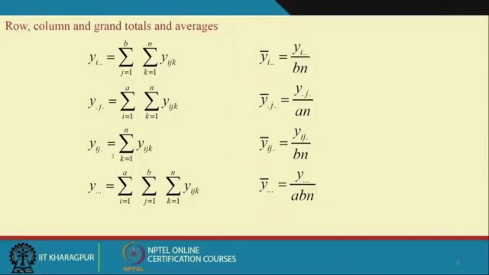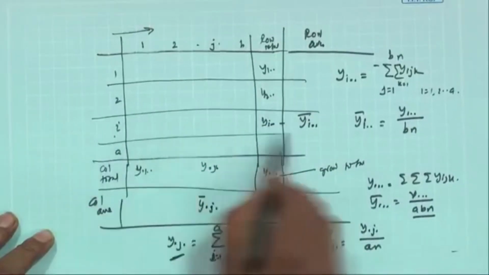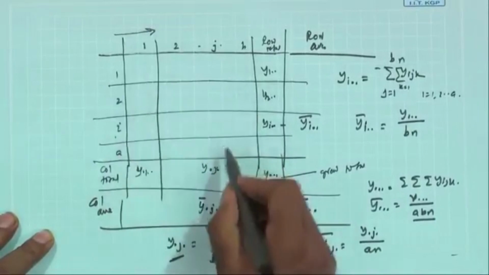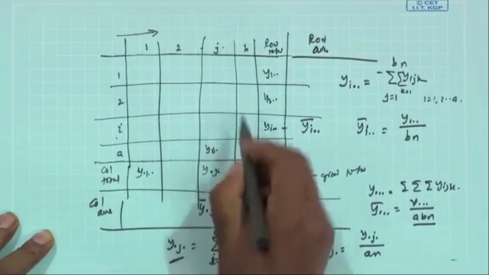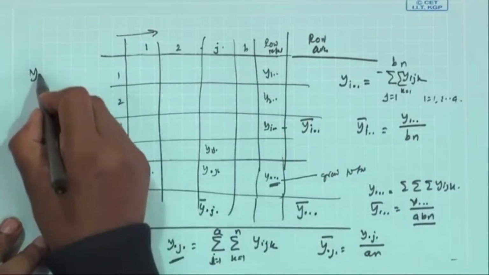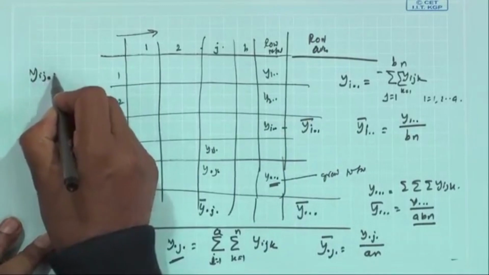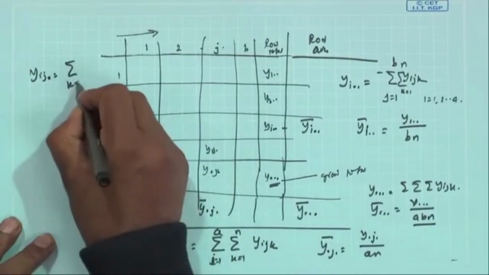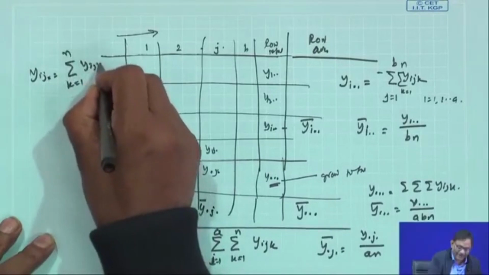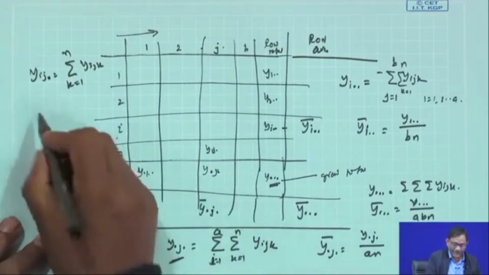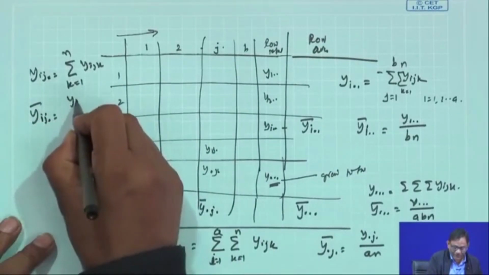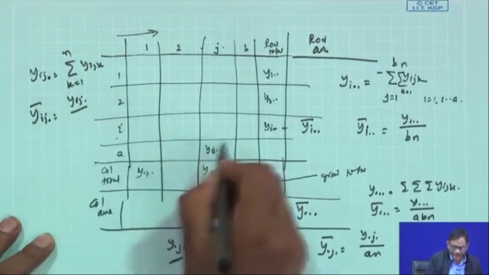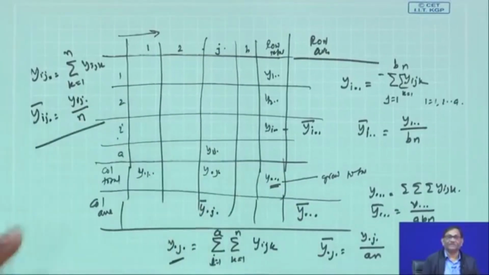One more thing I am not giving here is what y_ij. will be. This is nothing but the sum over k equal to 1 to n of y_ijk, that means the cell total, and then the cell average ȳ_ij. will be the cell total divided by how many observations you have counted there, n observations.